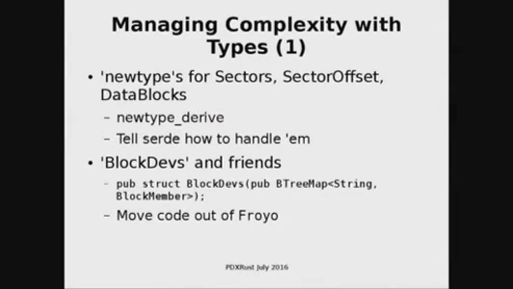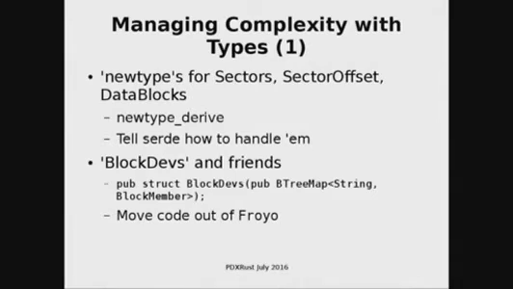Froyo uses single item structs, like here we have one for the block devs, to give us an extra place to put all those block dev specific methods that need to access all the block devs, but other than that, it's all concentrated in that one area.